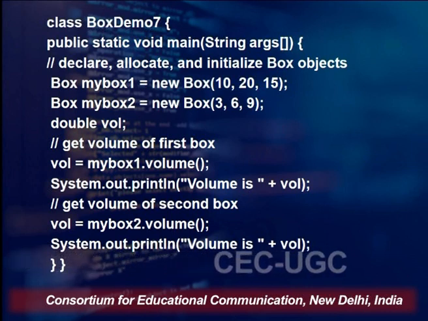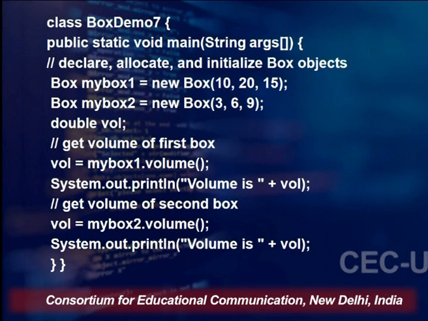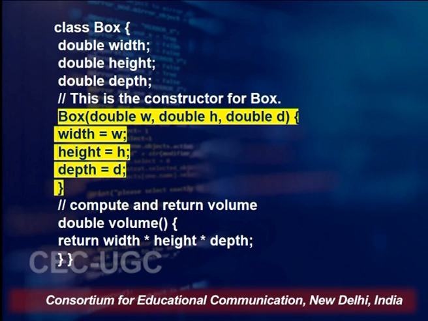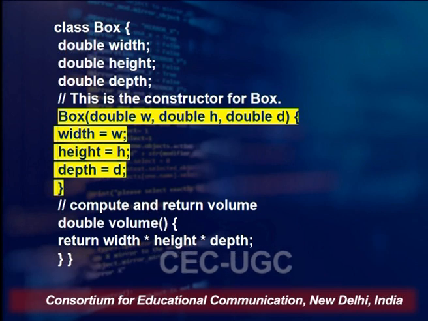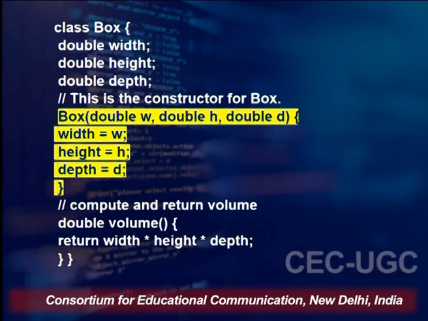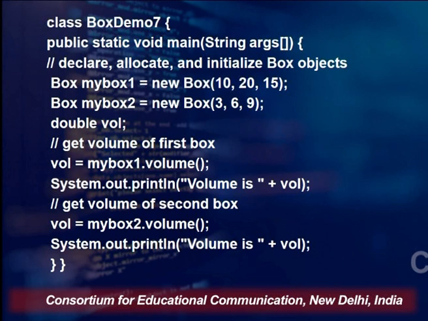So vol is equal to myBox1.volume, which means the method volume that we have just defined below the constructor will be called, and whatever the result of this volume function is will be stored in vol. That vol is going to be printed. Then within the same variable we are taking the volume of the second box, which is myBox2.volume, and again printing its value.